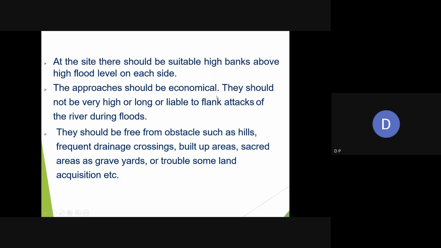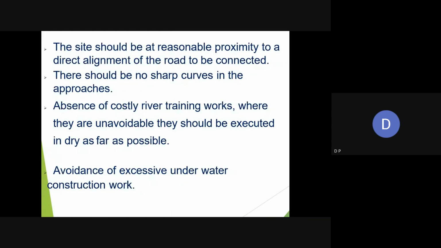The approaches should be economical. They should not be very high or long, or liable to flank attacks of the river during floods. They should be free from obstacles such as hills, frequent drainage crossings, built up areas, sacred areas such as graveyards, or troublesome land acquisition, etc. The site should be at reasonable proximity to the direct alignment of the road to be connected.